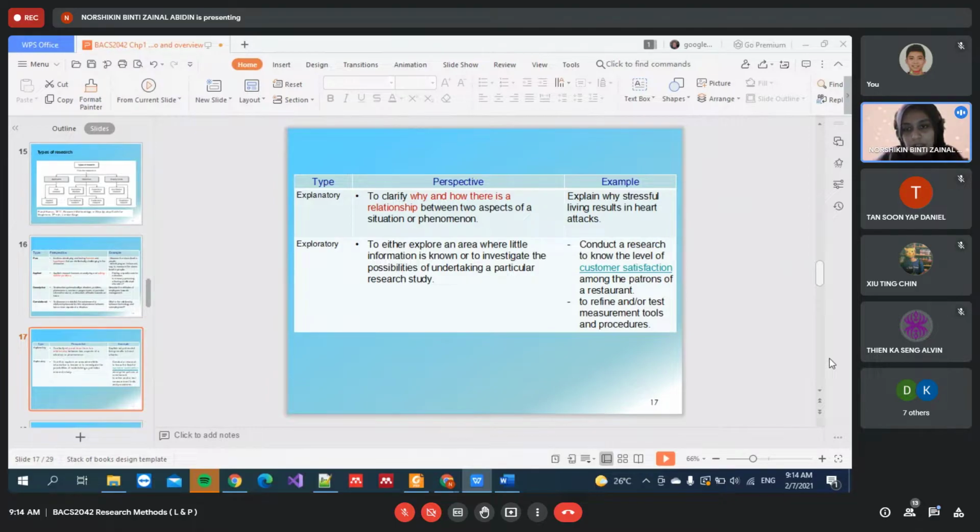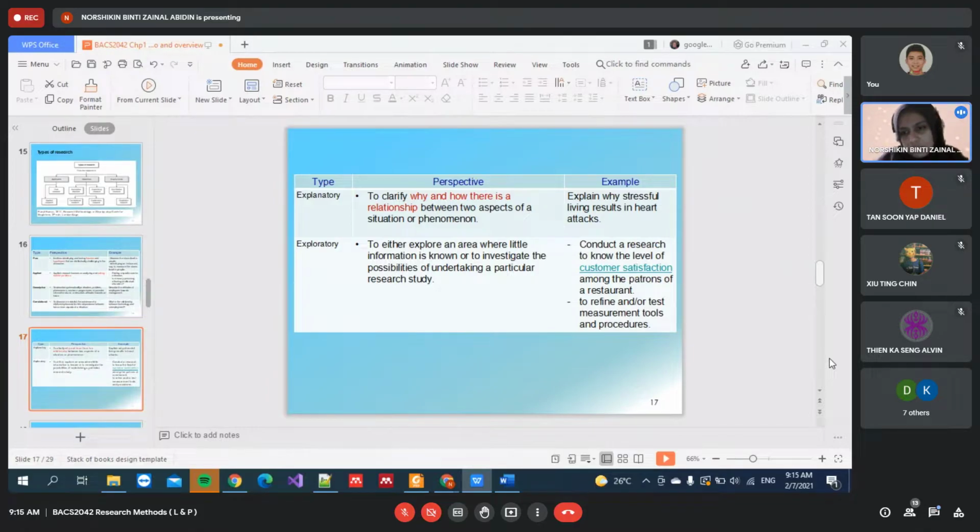For example, here, conduct a research to know the level of customer satisfaction among the patrons of a restaurant. So they want to seek more answers or results for the satisfaction level of the customer.